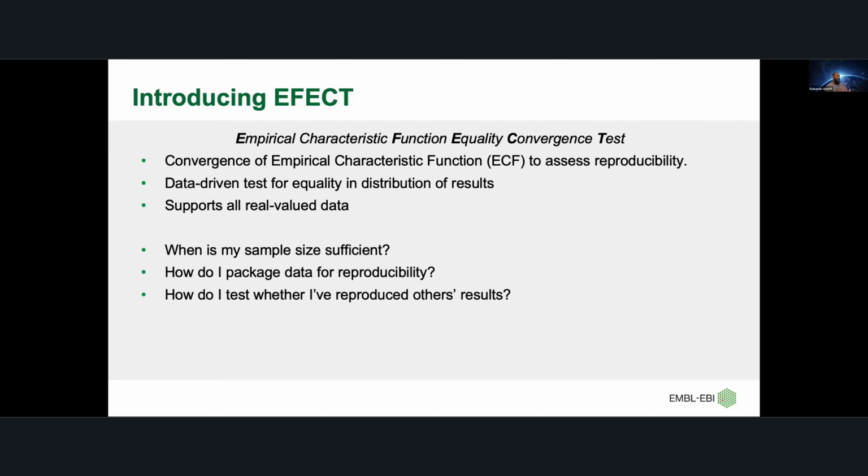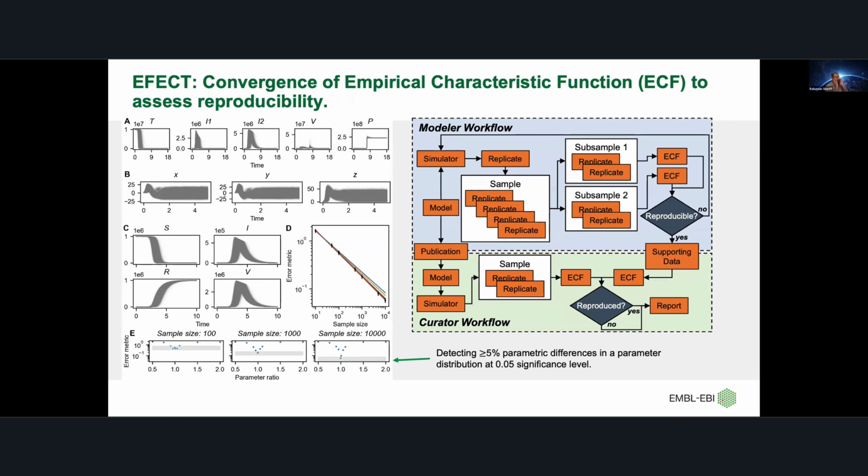How do I package this and share it so others can test the reproducibility and gain confidence in the results? This approach worked really well. We have a workflow where we recommend the modeler first do an internal reproducibility check, where they split the samples into two subsamples and see if EFFECT tells that the subsamples are reproducible.